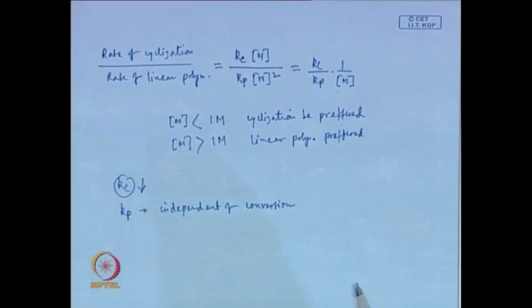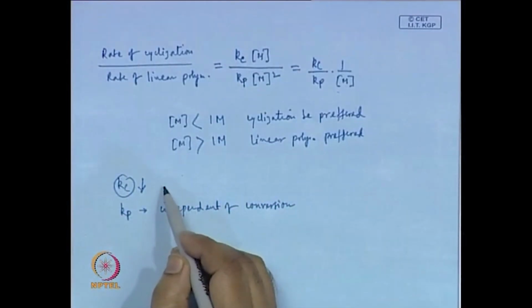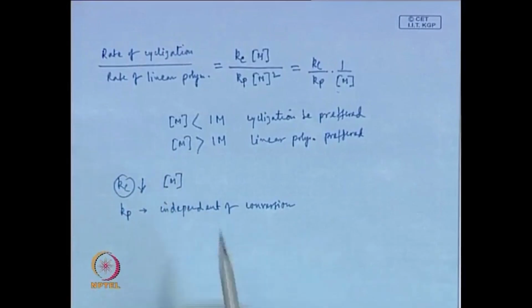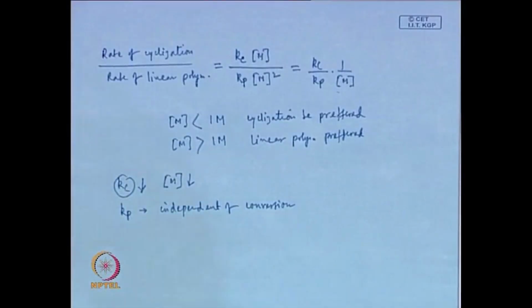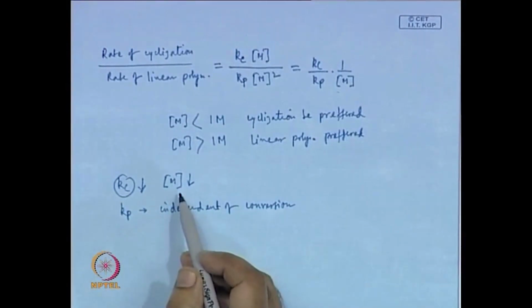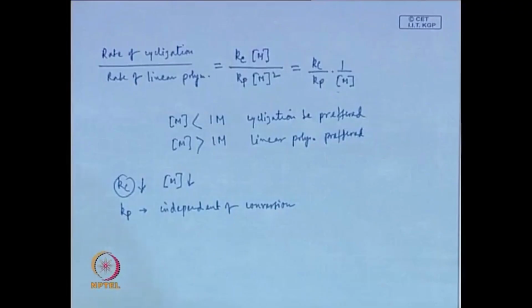Now, you can also argue that as the reaction progresses, the monomer concentration, in this case the species which is forming the cyclic, also comes down, because as time goes, more and more molecules react. So, the concentration of the species undergoing intramolecular reactions to form cyclic also comes down.